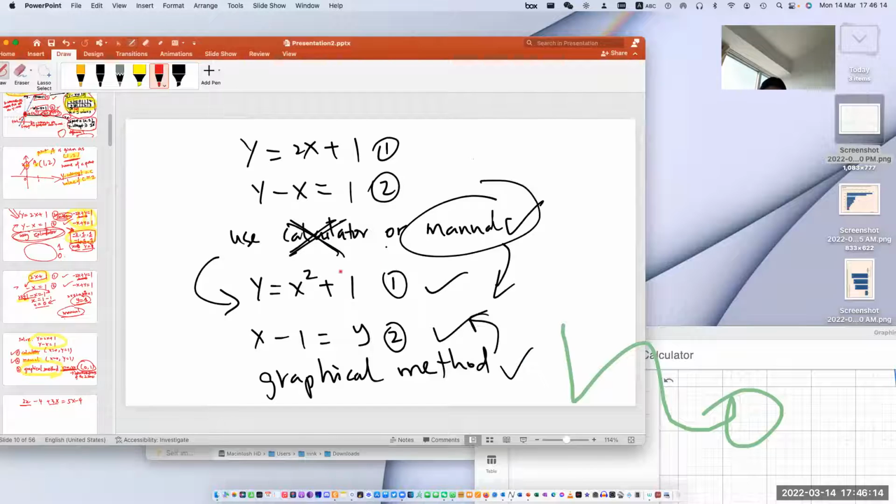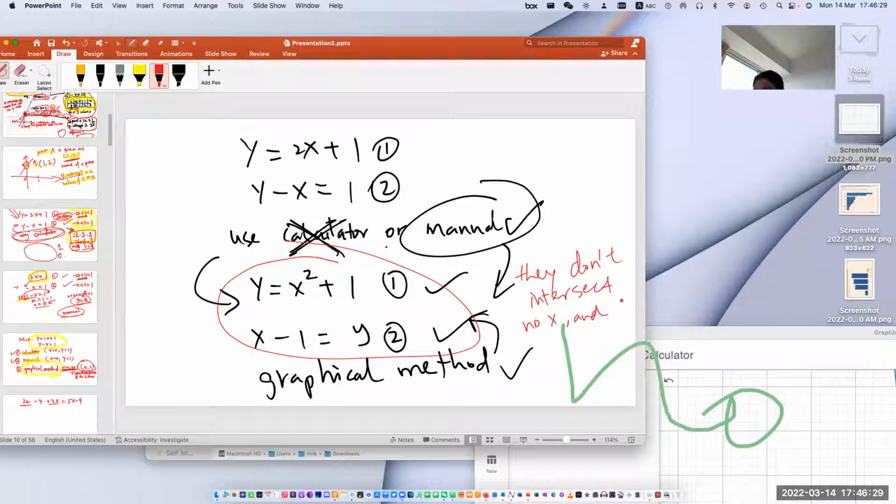So if you are given these two, they don't intersect. They don't intersect using the graph, meaning no x and y. No answer for x and y that can fit these two equations.